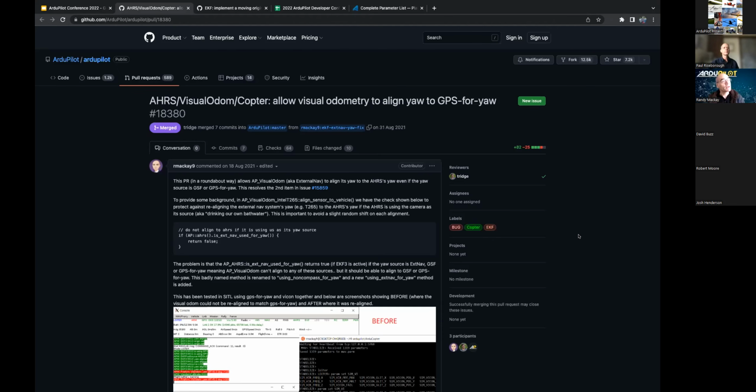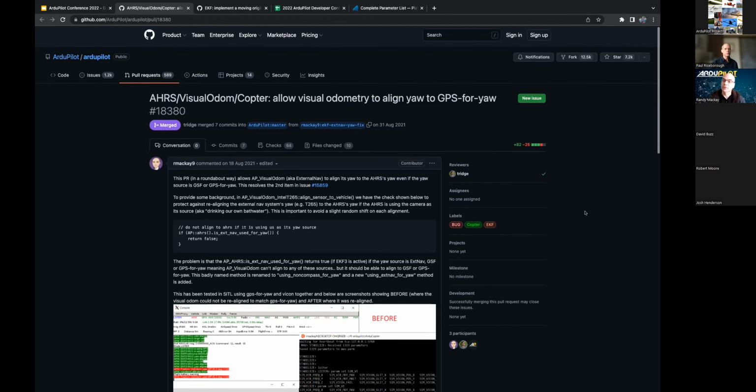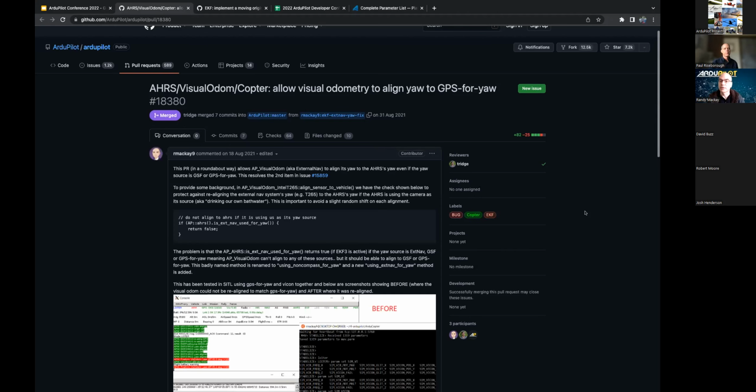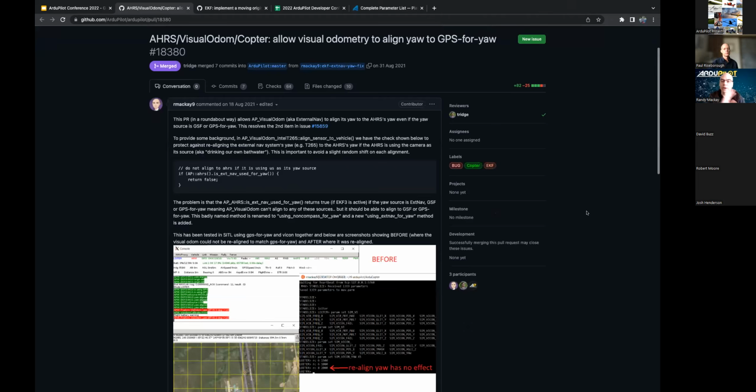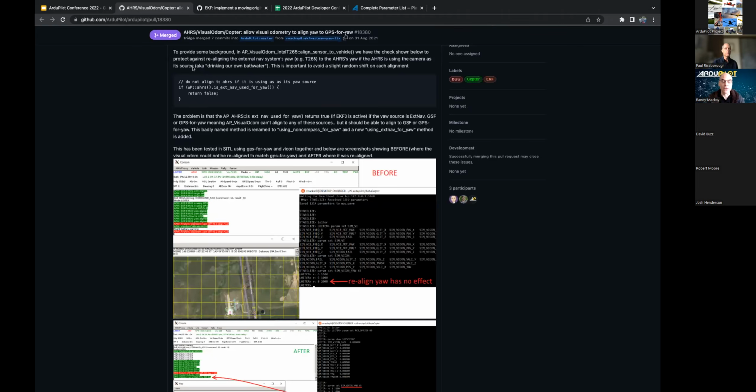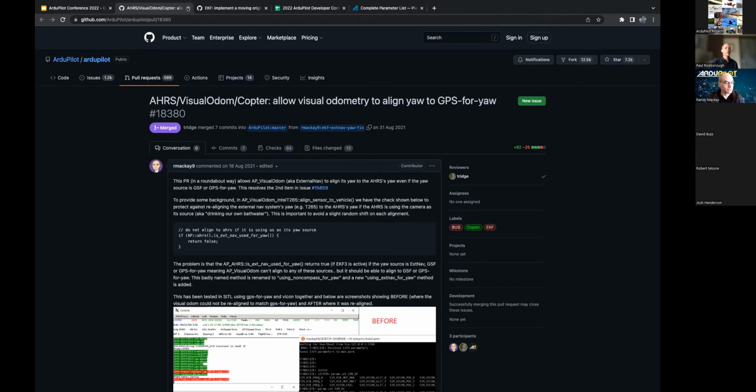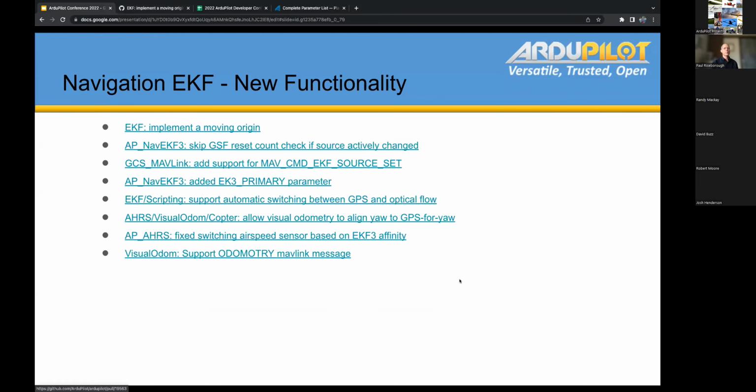And my main sponsor wanted to fly indoors and outdoors, from inside a warehouse to outside, and they wanted to use the GPS for yaw when they were outside and the 3D camera when they were inside, so they needed that transition. Well, that makes sense, because the magnetometer is going to be pretty inaccurate as you come out of a warehouse, so it makes sense that they would want that.